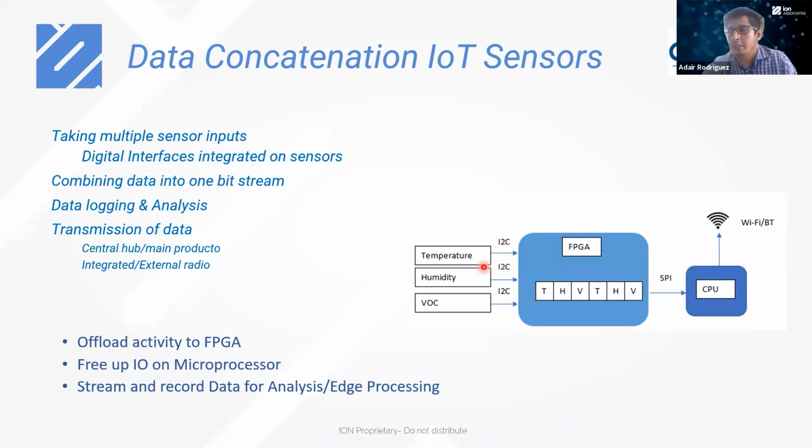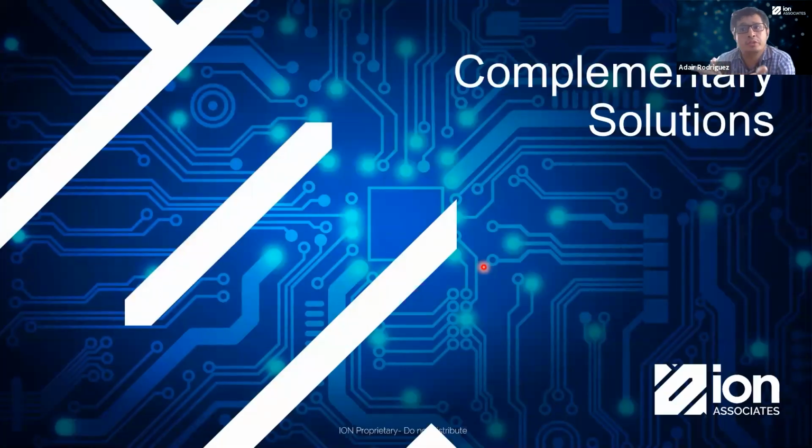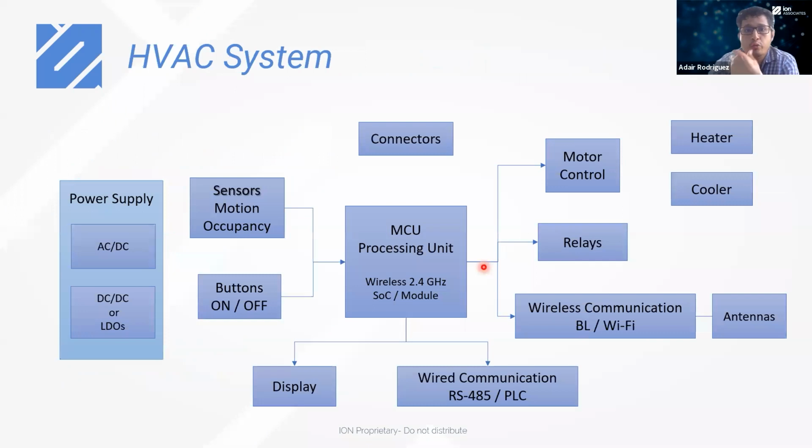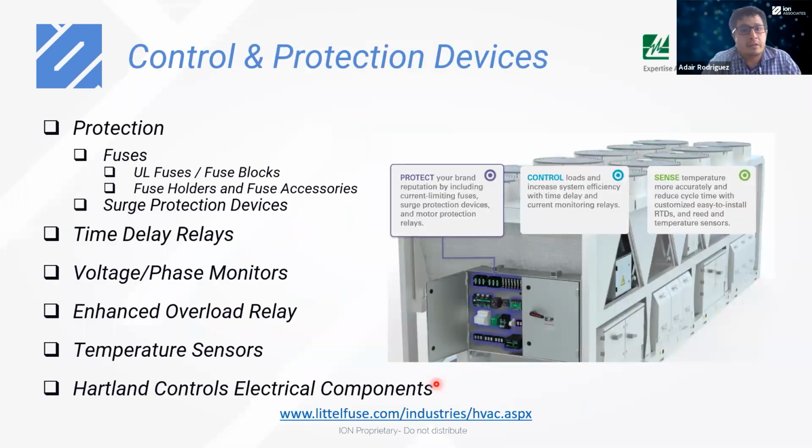We need to remember that there are some other technologies that can help on your design or your implementation for these kinds of products. We need to refer again to the block diagram that we showed before. You know that we will find different kinds of block diagrams and solutions that will depend on the end product, the final application. This is just an example, but we'll find some other products that can support your design.